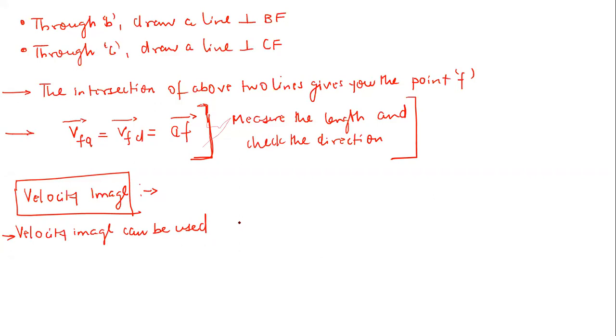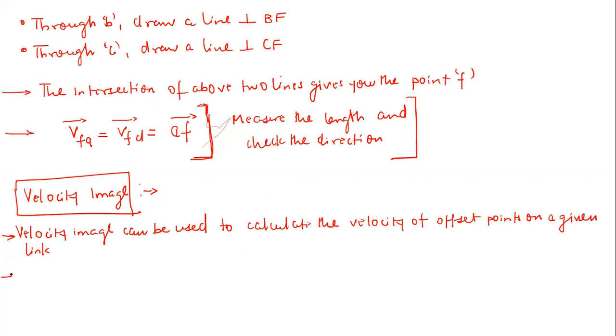Velocity image can be used to calculate the velocity of offset points on a given link. A very, very important point, right? It could be used to calculate the velocity of offset points on a given link.